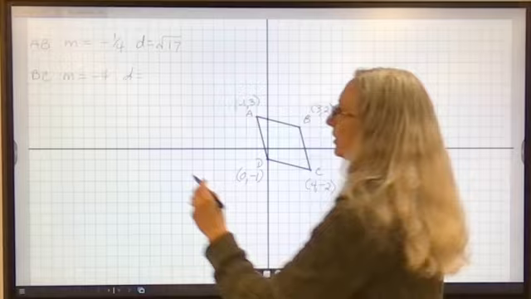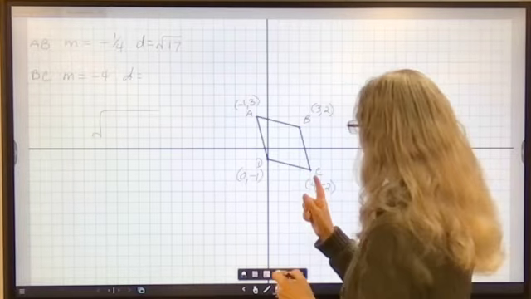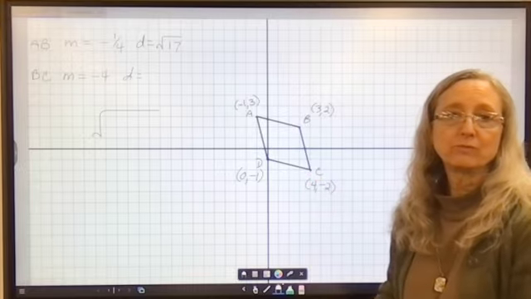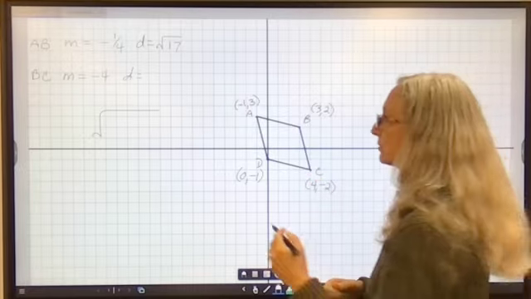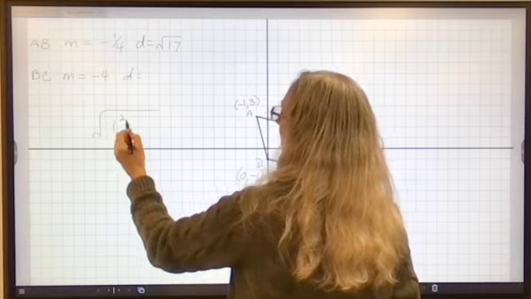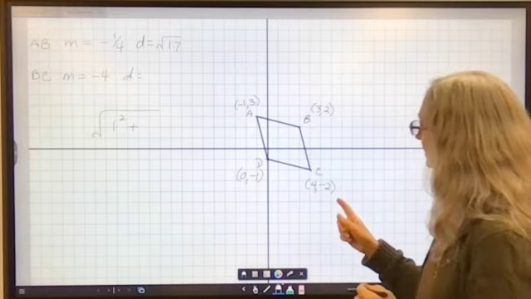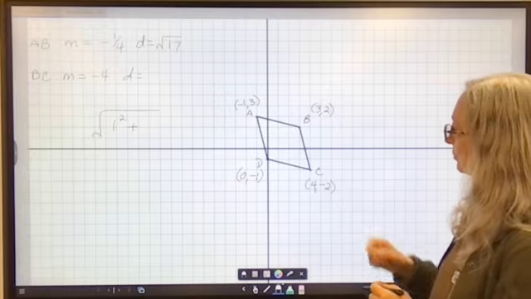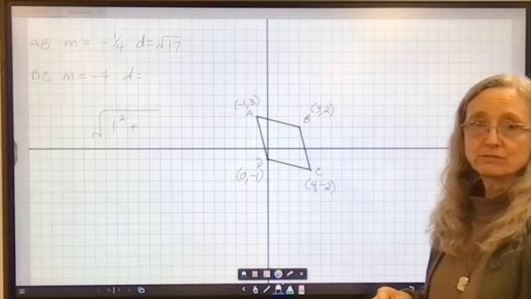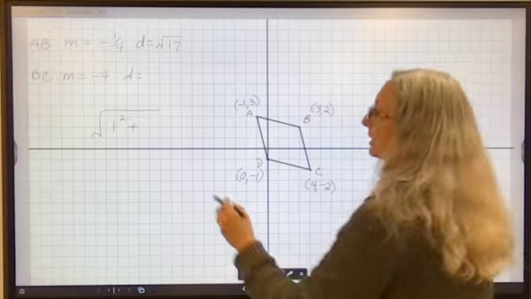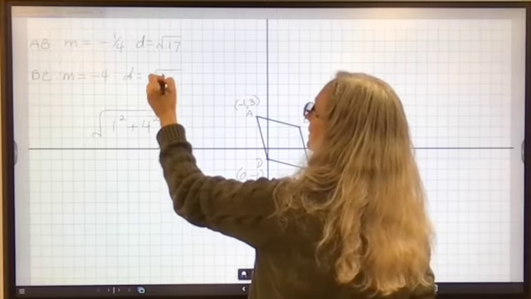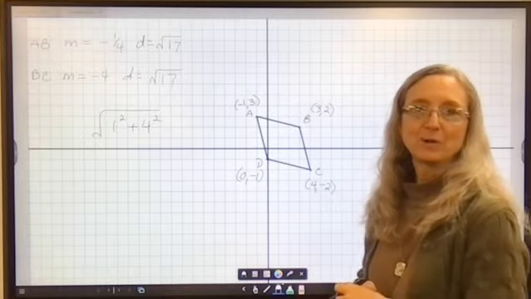So I need the square root of the difference between my x's, which is 3 and 4. 4 minus 3 is 1. So it's 1 squared plus the difference between my y's. So that's 2 and -2. 2 minus -2 would be 4. So that's 4 squared. Well, that looks like the square root of 17 as well.